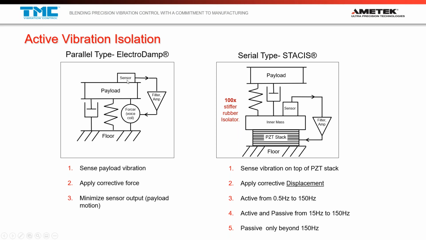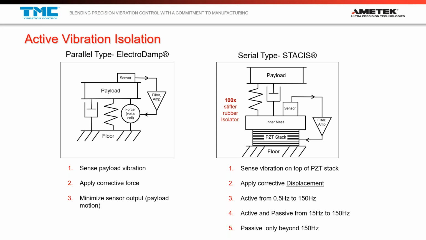So one of the problems there is that the payload motion and any noise on the payload is getting pushed into the sensor, which means lots of information is coming to the sensor and then trying to get canceled out by the force actuator. It can't tell what is floor vibration.